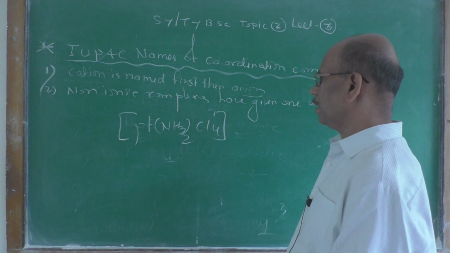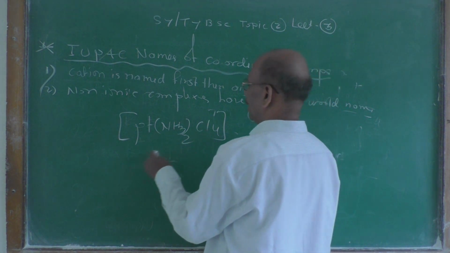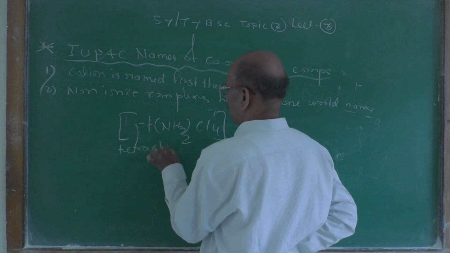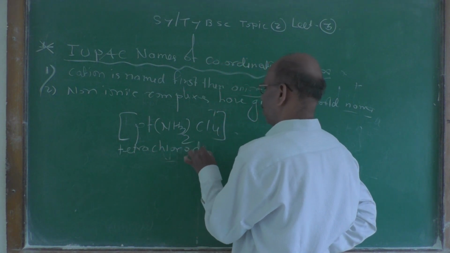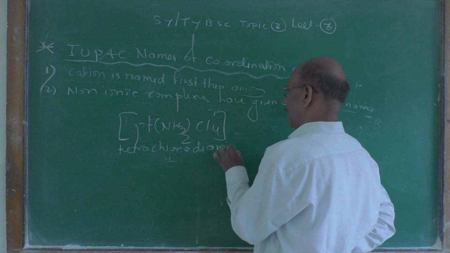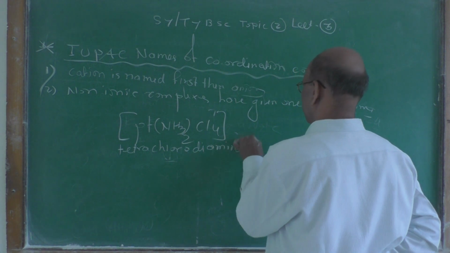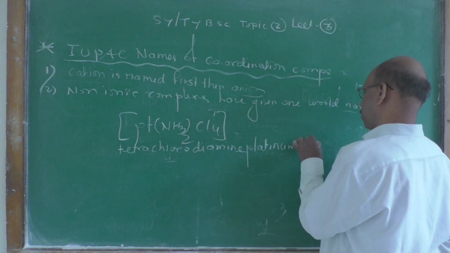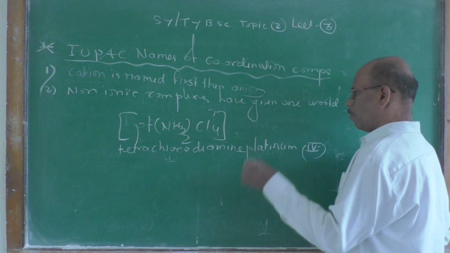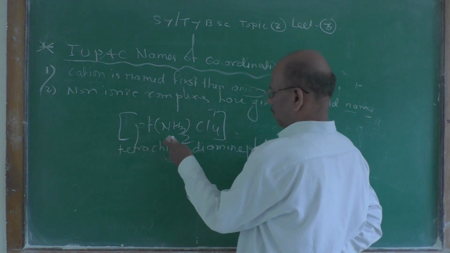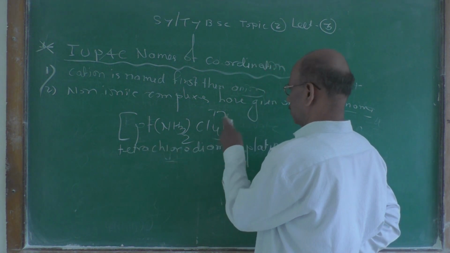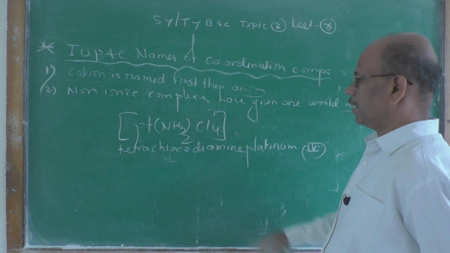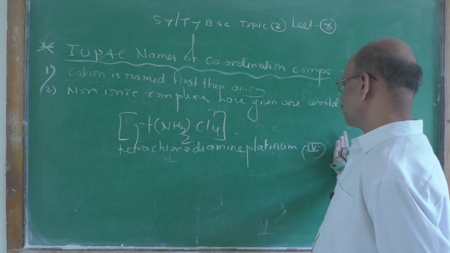So the name will be tetrachlorodiammineplatinum(IV). For the oxidation state, x minus 0 minus 4 is equal to 0, so x is equal to plus 4.